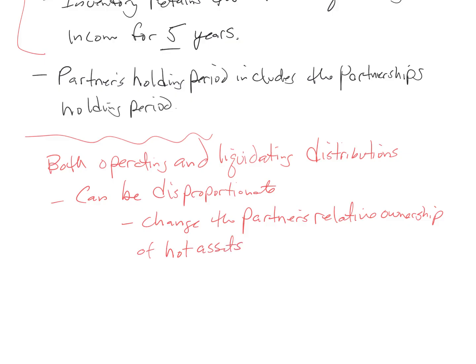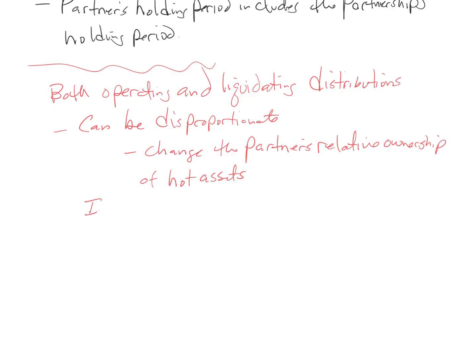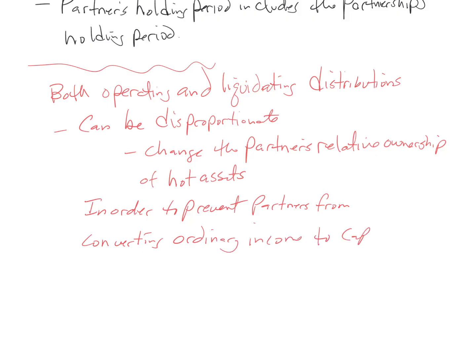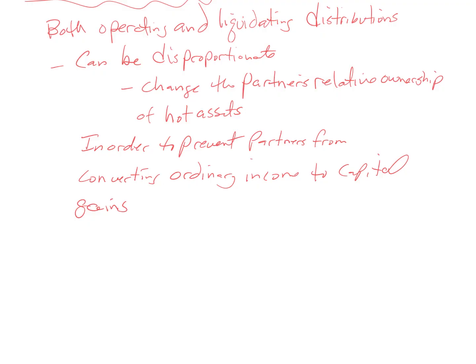So in order to prevent partners from converting what would be ordinary income into capital gains, a partner must treat a portion of the distribution as a sale or exchange, which results in recognition of gain or loss.